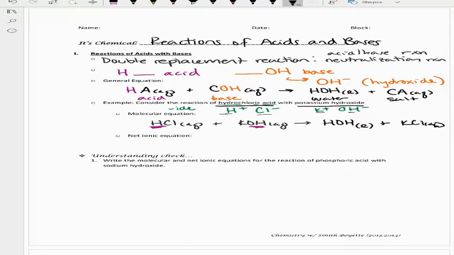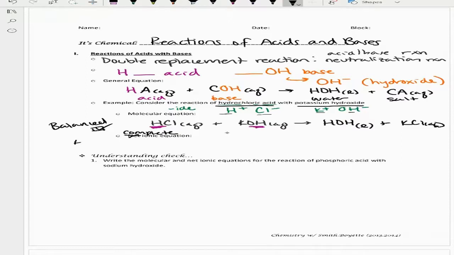So the next thing you want to do is make sure that everything's balanced. Excellent. Next, it asks us what the net ionic equation is. The thing that we did before a net ionic equation was a complete ionic equation, and that's when we basically just rewrite the molecular equation, but with all of its ions.